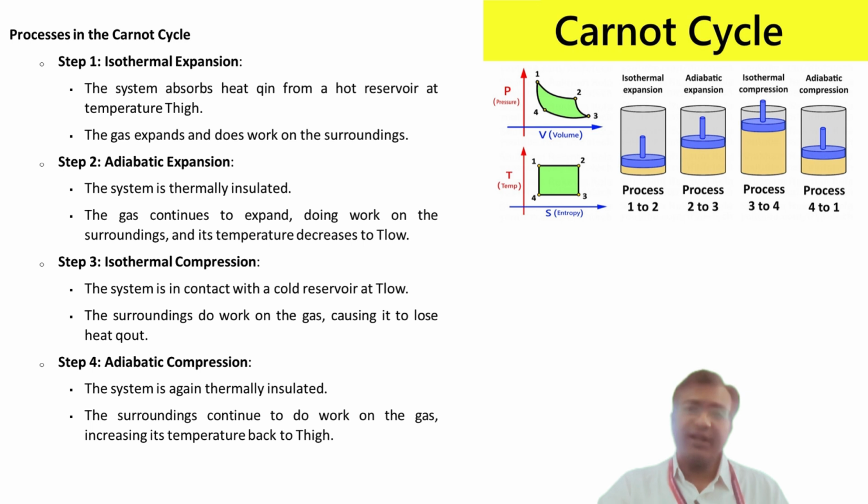The expansion is isothermal, meaning the temperature remains constant throughout the process. So, as the gas expands, it does work on the surroundings. But the temperature doesn't change. It is continuously absorbing heat from the reservoir.